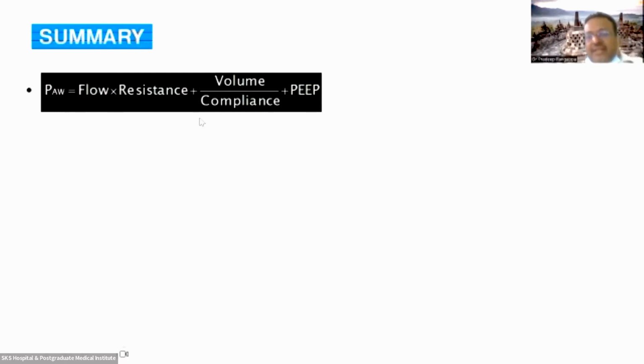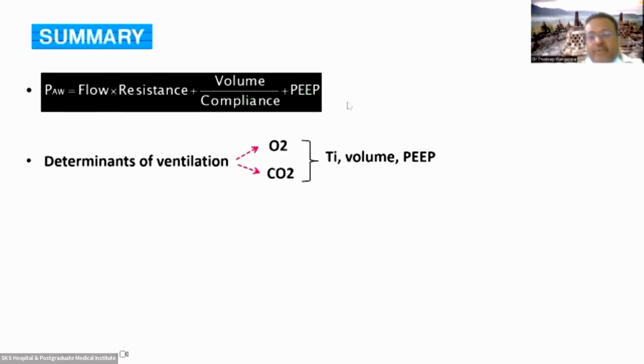Volume is something you can decide. As I said, more tidal volume, more dynamic hyperinflation in COPD exacerbation. So that is something you can set. Compliance is determined by the intrinsic nature of the lung, and PEEP is something that you can set. And the determinants of ventilation, which is to improve oxygenation and reduce the carbon dioxide, can be achieved by tweaking your inspiratory time.